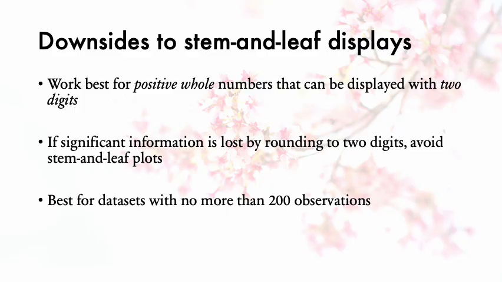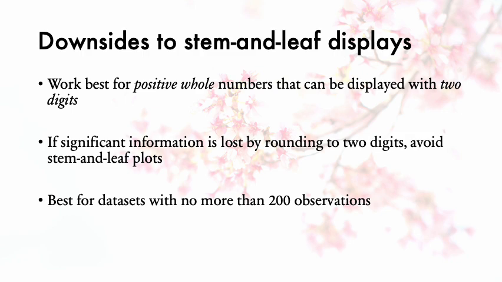You can imagine it's a little more challenging to represent negative numbers, although your textbook should have some examples of what that might look like in a stem and leaf display, but it's a little bit less intuitive once we've added negative numbers. It also works pretty well for positive whole numbers or decimal numbers without very many decimal places. Once we've got a lot of decimal places, things don't work quite as well.